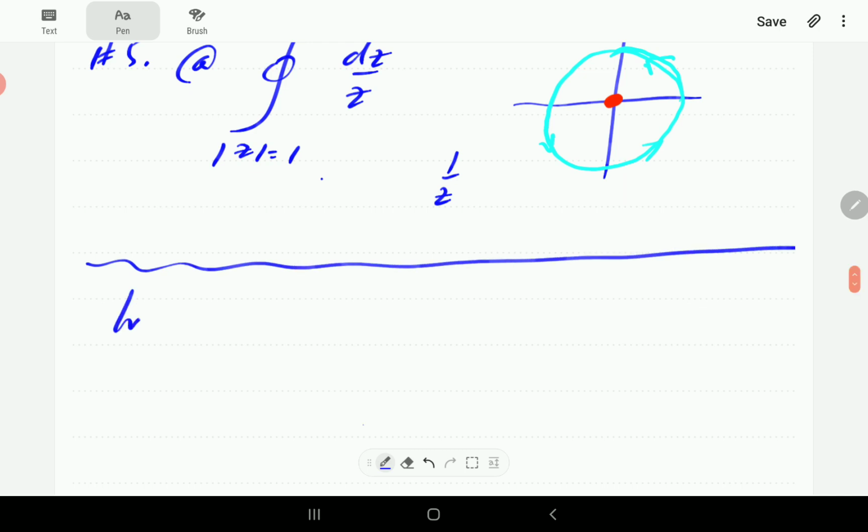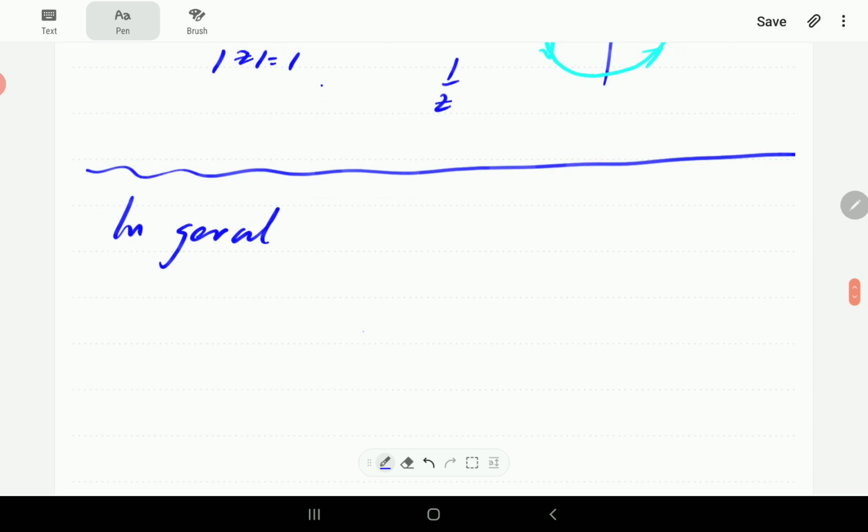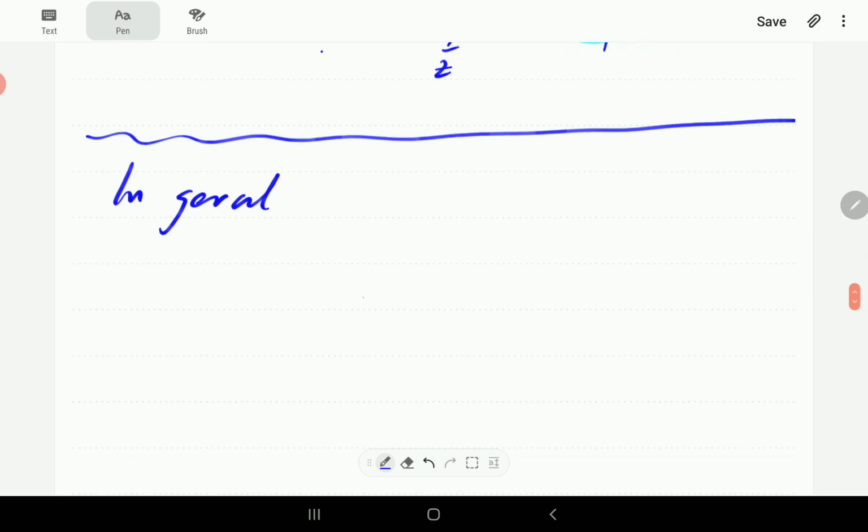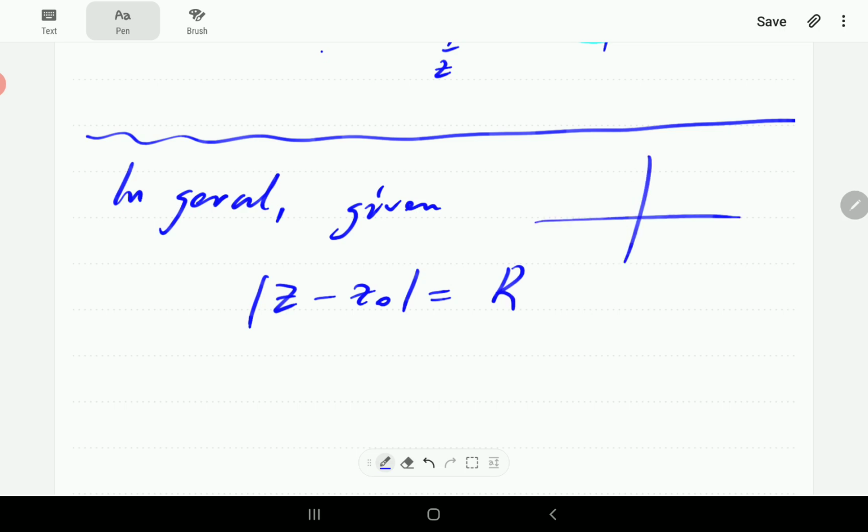So in general, if we have this circle |z minus z naught| equal to r, we know this is a circle centered at z naught with radius r.